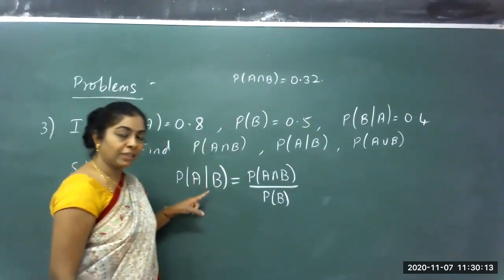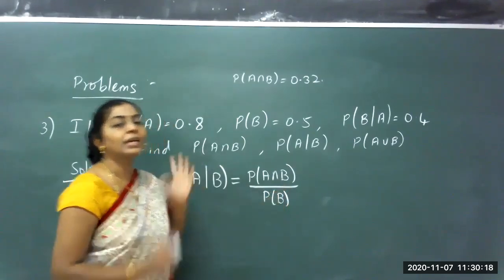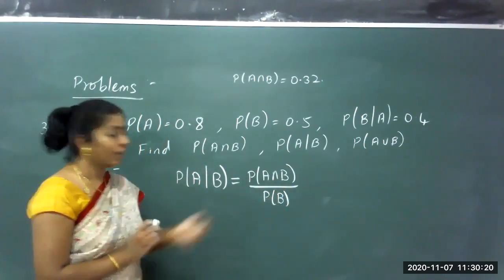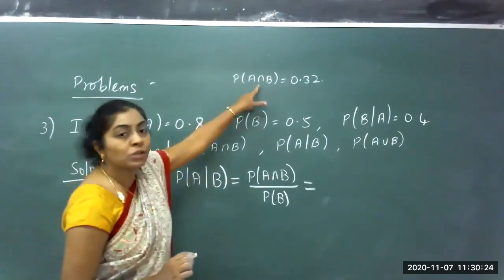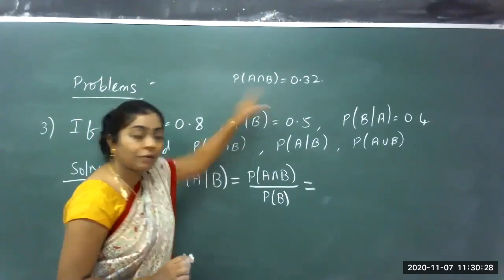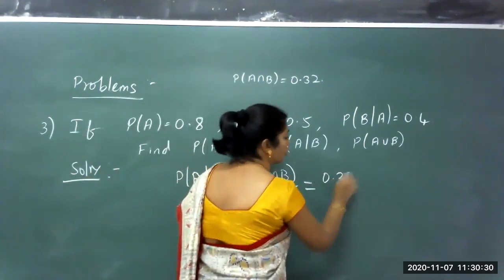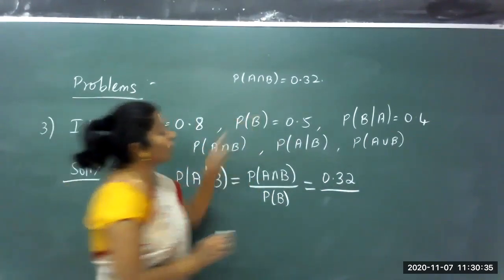Conditional probability of event A when B has occurred is given by probability of A intersection B divided by probability of B. A intersection B was the first one, which was unknown, and we completed that. So what is the value of that? 0.32 divided by probability of B, which is 0.5.